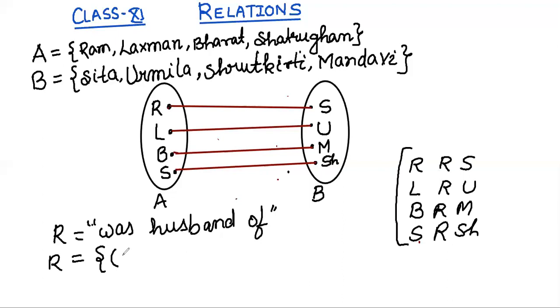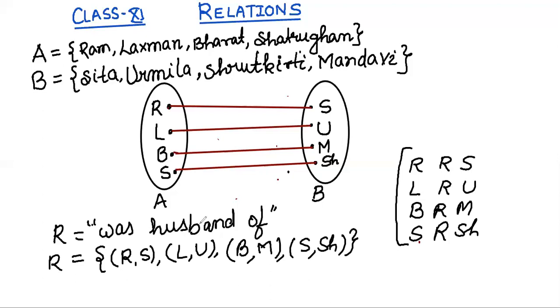So we can write here R in the form of ordered pairs. We will write it RS. Then next we will write here LU. Then next BM. And then next SH. So these are the elements here according to this particular condition. I hope it is clear for you all how to take relation.